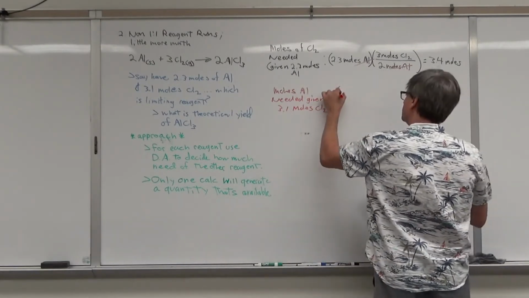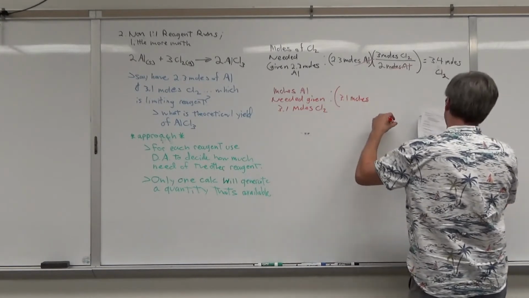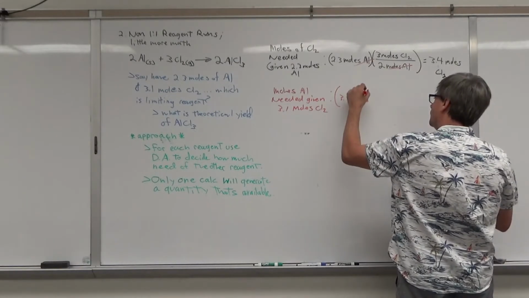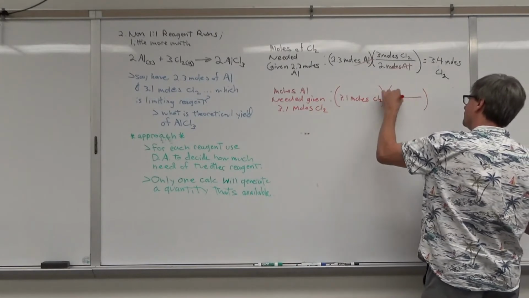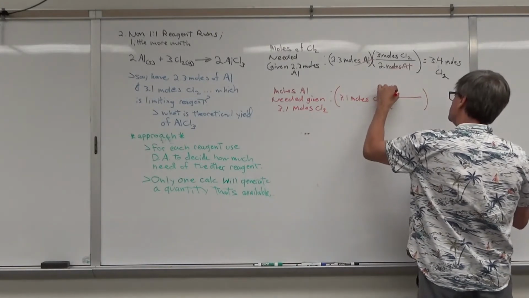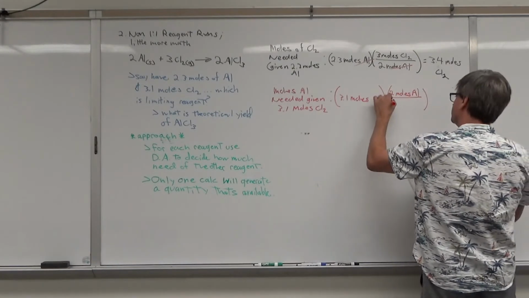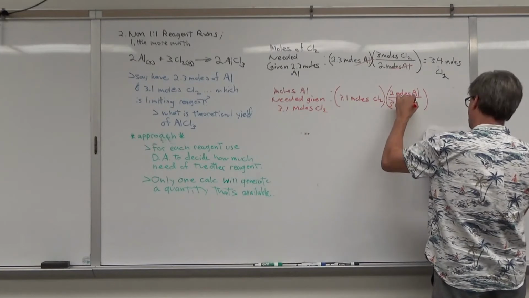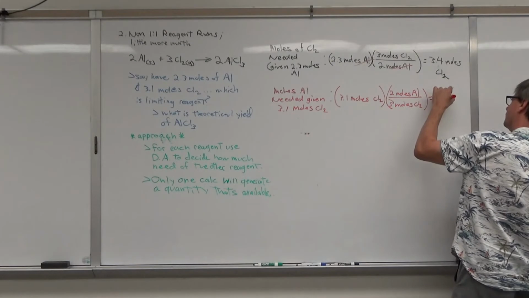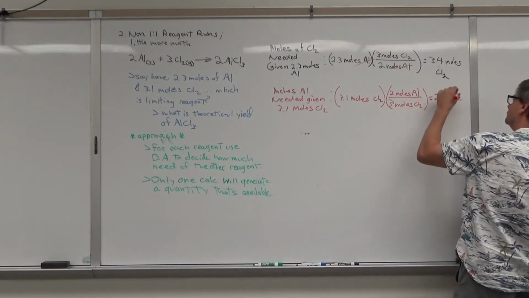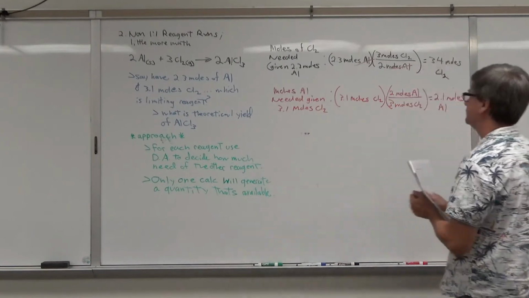This should generate a quantity of aluminum that we do have available. 3.1 moles of chlorine, 2 moles of aluminum for 3 moles of chlorine. That's going to give us 2.1 moles of aluminum. And we do have that amount available.